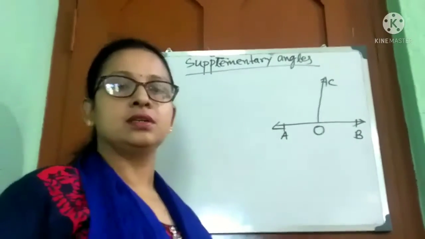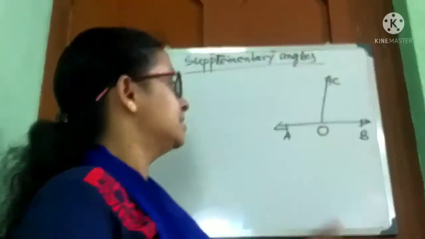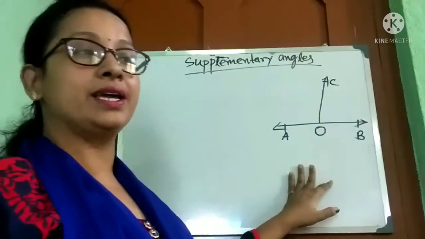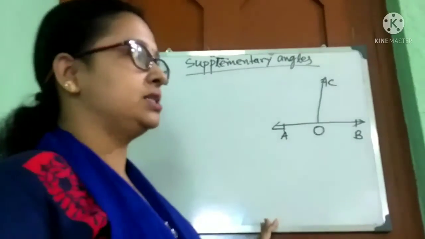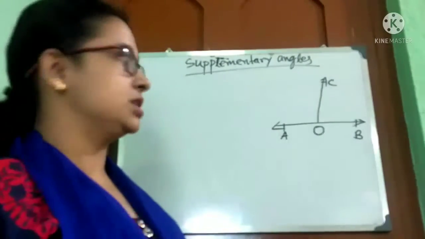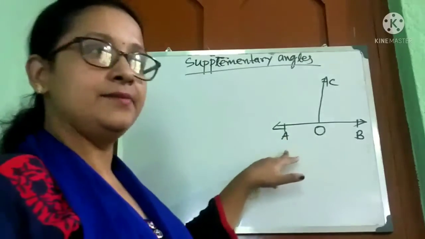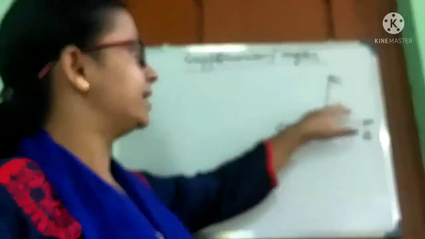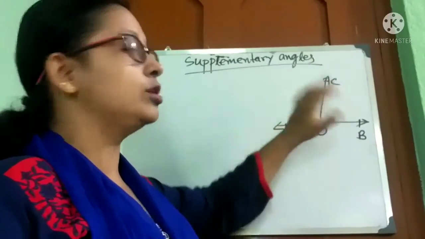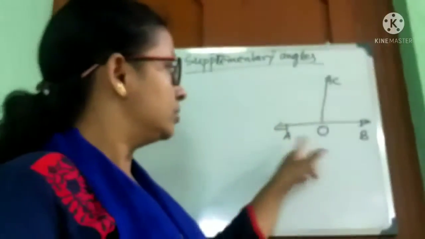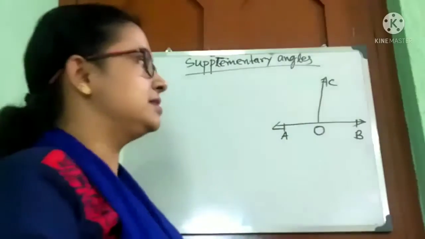Now supplementary angles. When will two angles be supplementary? If the sum of any two angles is 180 degrees, they are supplementary to each other. See, AB is a line, and on this line we get two different angles, and their sum will be 180 degrees, because on a line the sum of angles is 180.